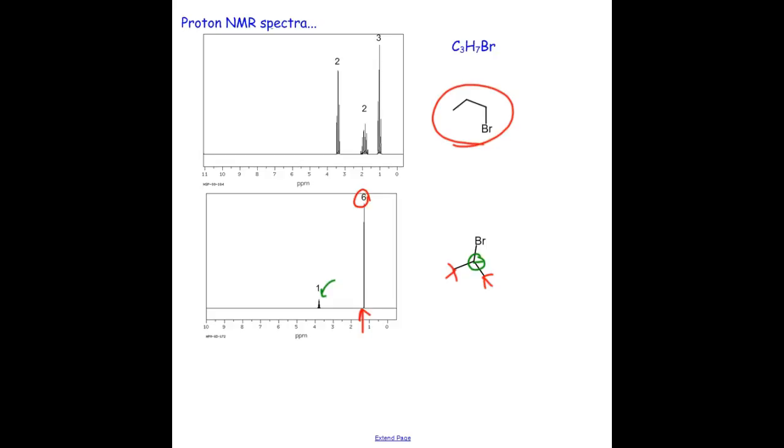Or I can assign these two hydrogens to this peak, and these two hydrogens to this peak, and these three hydrogens to this peak. So I'm able to figure out, by looking at the structure, which of the two isomers I have. And that's the power of NMR. And it can handle very complex molecules, but we're going to limit ourselves to simple ones.